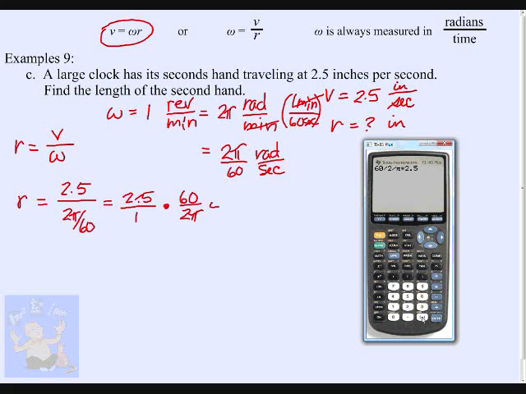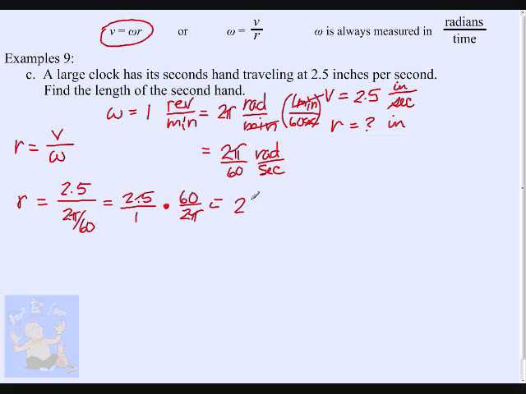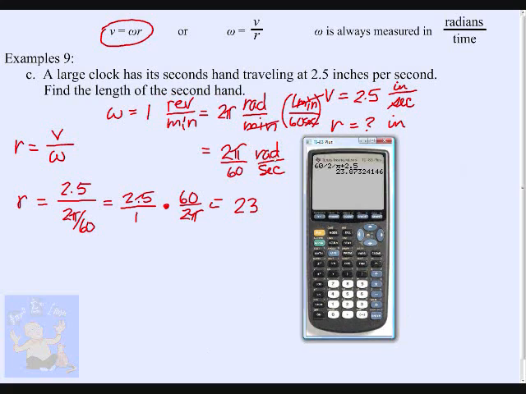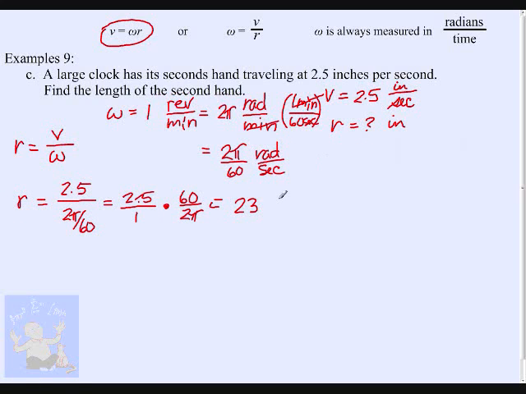I think I've accounted for everything. 2.5 times 60 divided by 2 and divided by pi gives me 23.87 inches. I hope that's what you got as well. If not, look at those units. The formula is actually very straightforward. It's just you have to make sure you have your units correct.